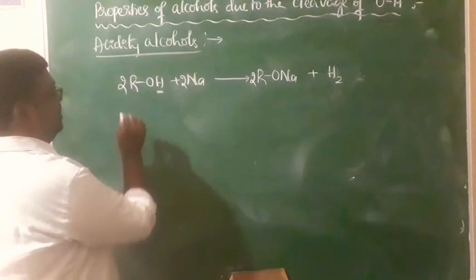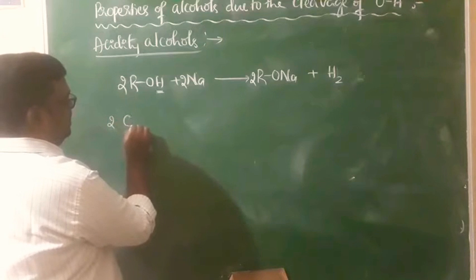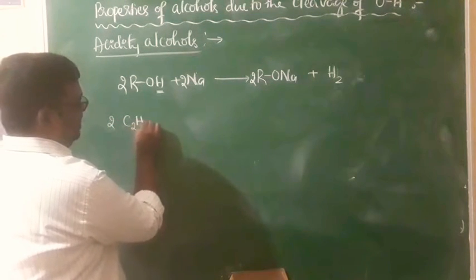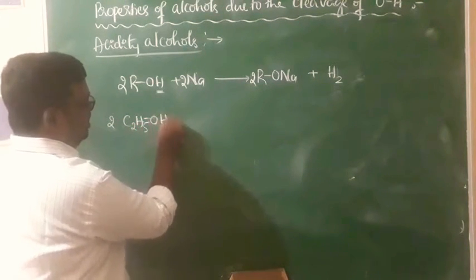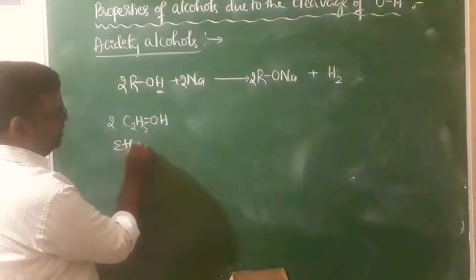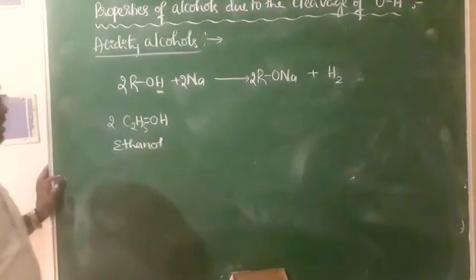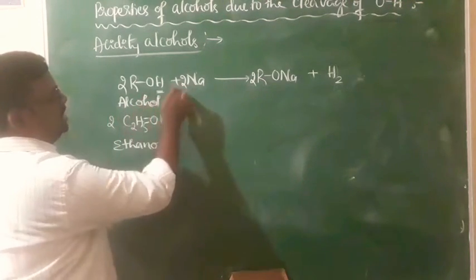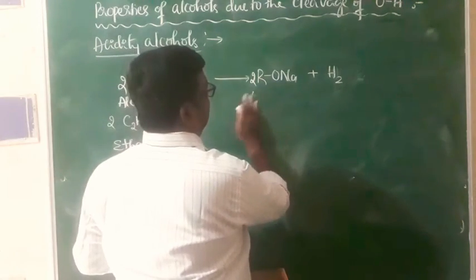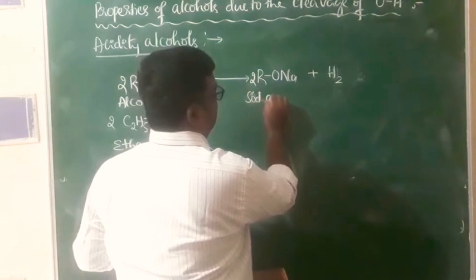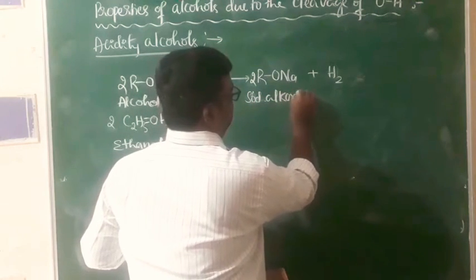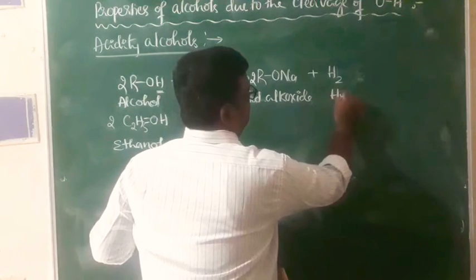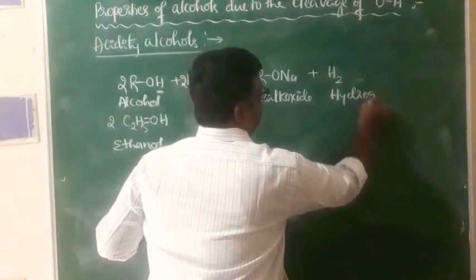For example, in the place of R, I keep C2H5, one of the alkyl groups. This is ethanol, an alcohol. When alcohol reacts with sodium metal, you are going to get sodium alkoxide, and of course hydrogen gas is liberated.